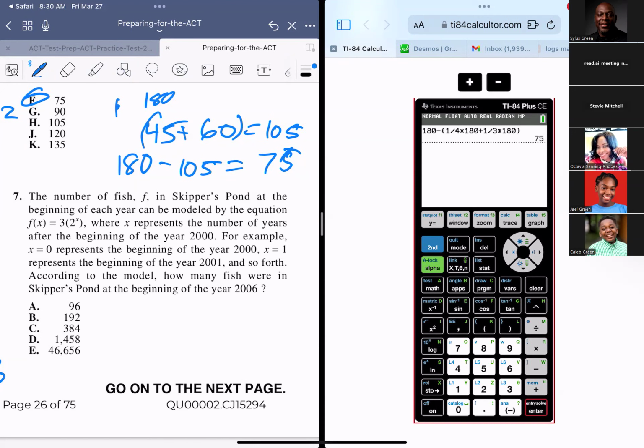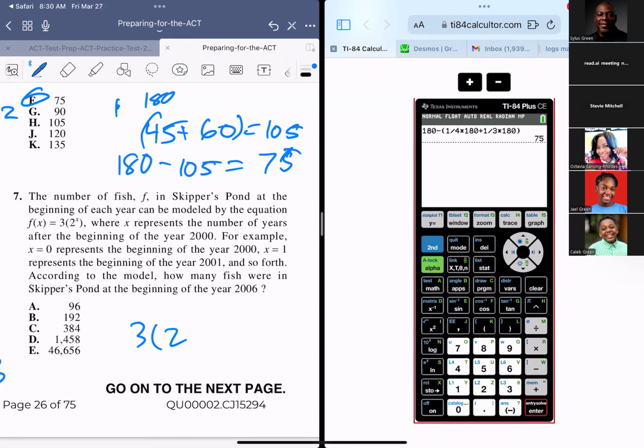Well, it says x is the years after 2000. So 2006 is how many years after 2000? It's 6 years after 2000. So we would do 3 times 2, and we would replace x with 6 everywhere we see x.